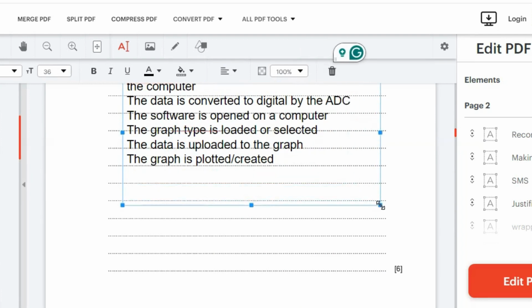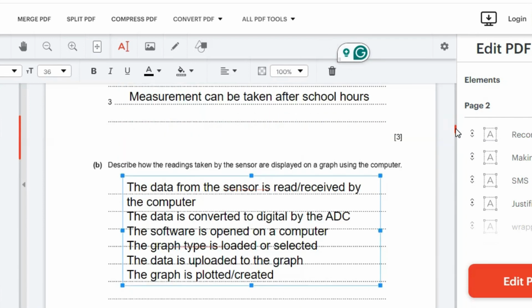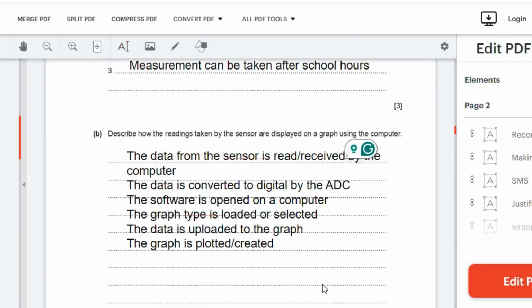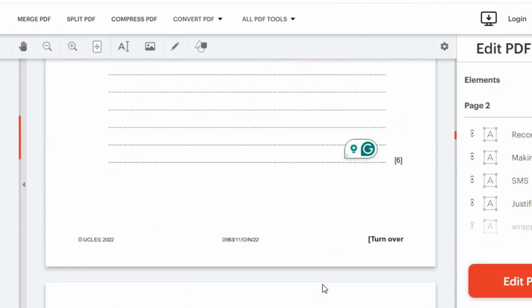So these are the ways that the reading is taken to display on a graph while using a computer. So let's proceed.